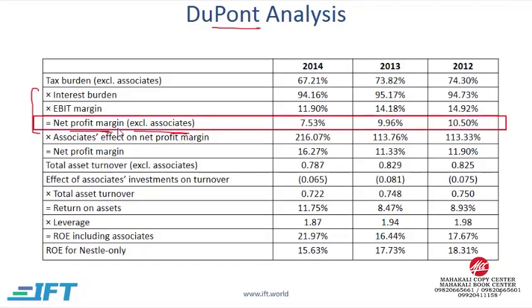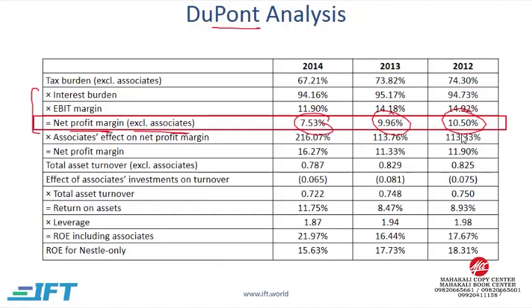If we look at what's happening at net profit margin without considering the associates, and actually just to point something out, the case tells us that we are evaluating Nestle, and Nestle has a major investment in a company called L'Oreal. That investment is being treated as an investment in an associate, which means that the equity method is being used. So when we come up with this net profit margin, we want to see what's the net profit margin of Nestle alone, which means that we remove the impact of L'Oreal. When we do that, we see these numbers.